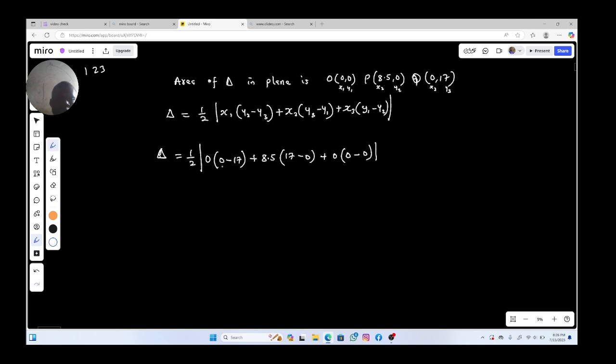Invariably the first and third terms will give us 0. So we now have 1 over 2 modulus 8.5 times 17.